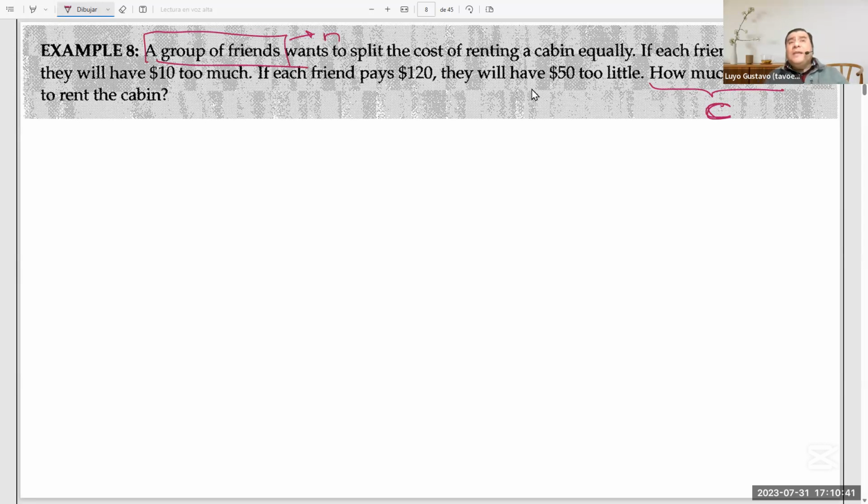If each friend pays $130, that is, we multiply the number of friends by the contribution for each of them, this would be 130 times n, or n times 130. And this would be $10 in excess of the cost of renting the cabin. This would be C plus 10.